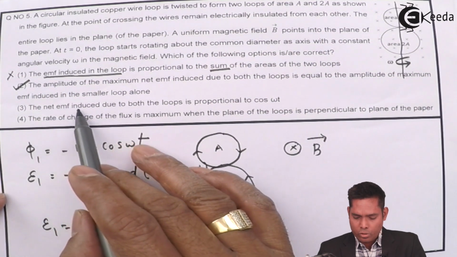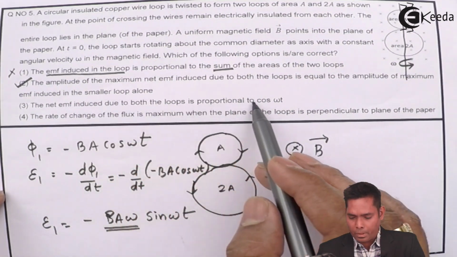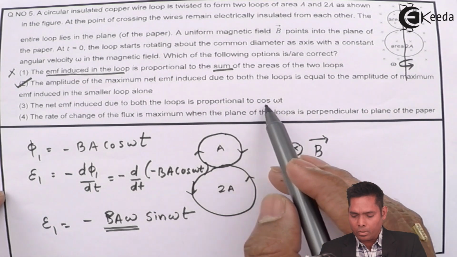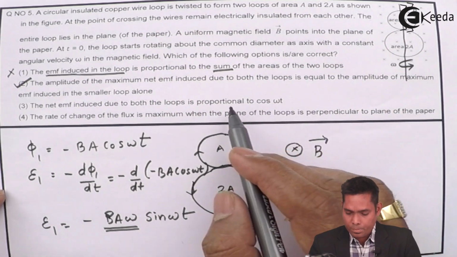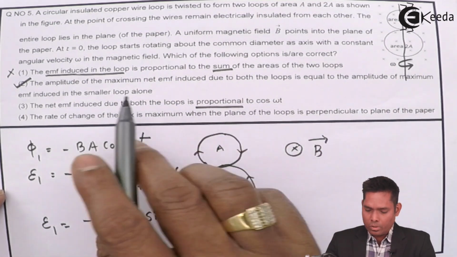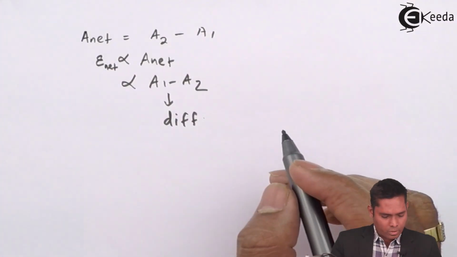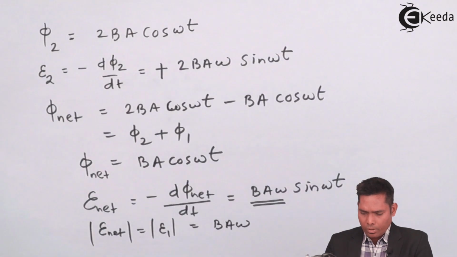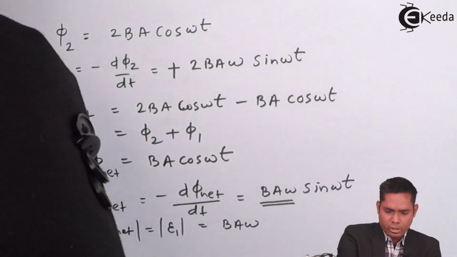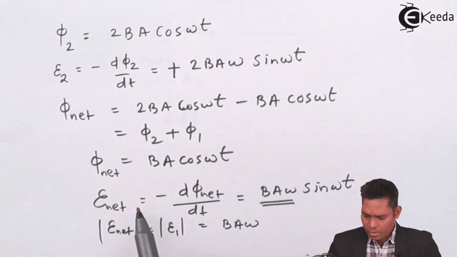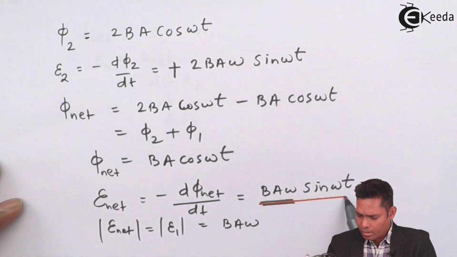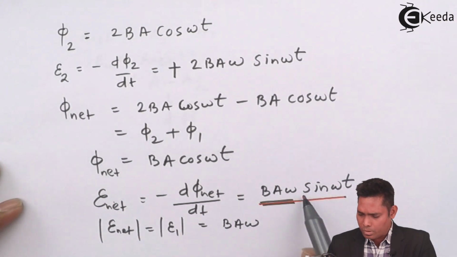The option says the net induced EMF due to both the loops is proportional to cos omega t. But what did we get for the net induced EMF? We got this expression, and it is proportional to sine omega t.